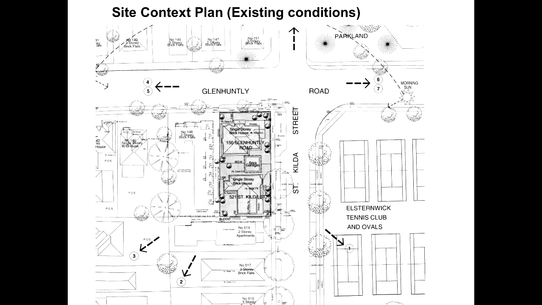Here's an example where a developer has acquired 2 sites together, which provides for the ability to have a little bit more scope to come up with a design response and to maximise the use of the land. This is becoming more and more common in Melbourne because if you just have a small lot, there's just only so much you can do. So you start to get economies from consolidating lots.